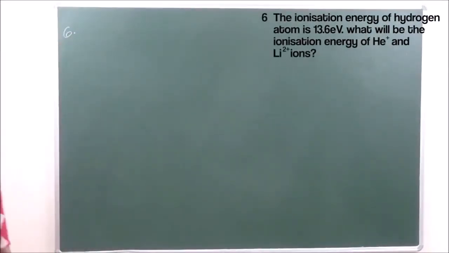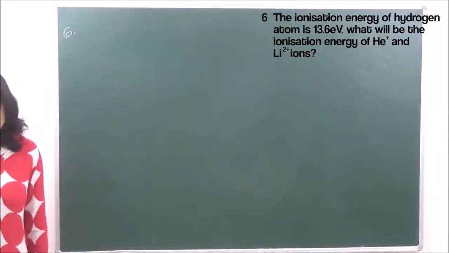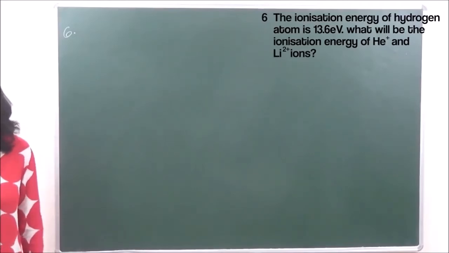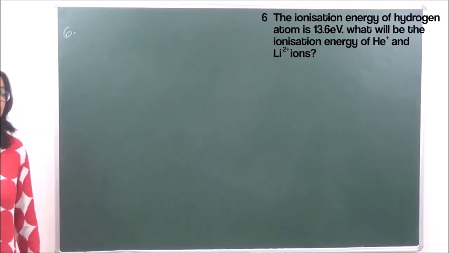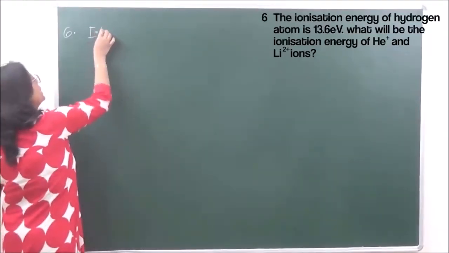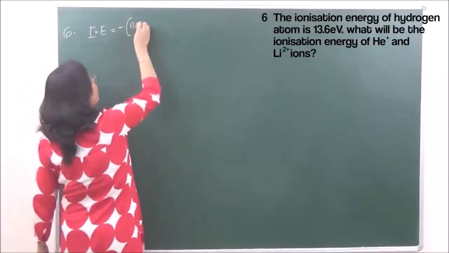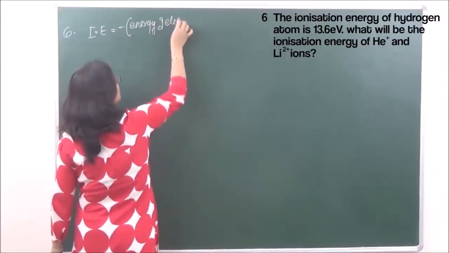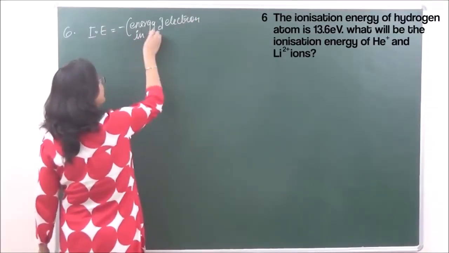Question number 6 is, the ionization energy of hydrogen atom is 13.6 electron volt. What will be the ionization energies of He2 positive and Li2 positive ions? Now when we are talking of ionization energy, that is minus the energy of the electron in any orbit.